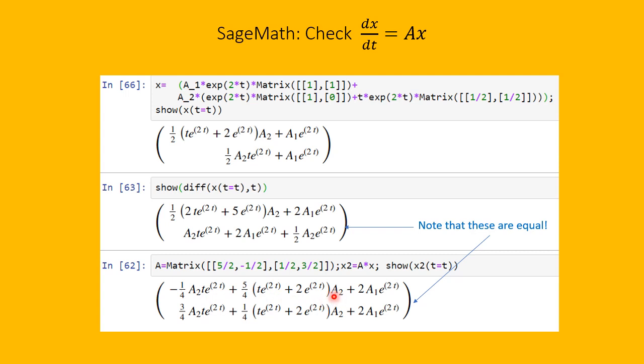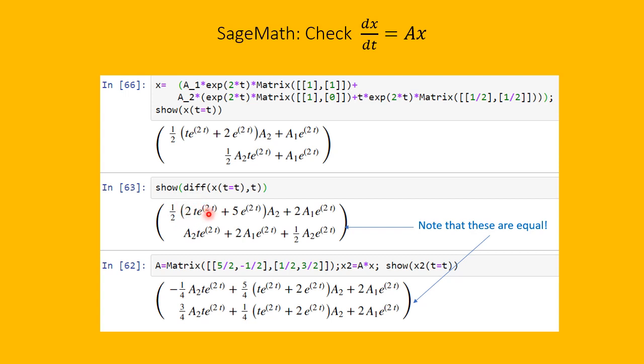And if we look over here, we also have 5/4 a sub 2 times te to the 2t. Okay? And 5/4 minus 1/4 is 1. And so this plus this product of these things here add up to 1 times te to the 2t, which is exactly what we had here. 1/2 times 2 is 1, and then te to the 2t.